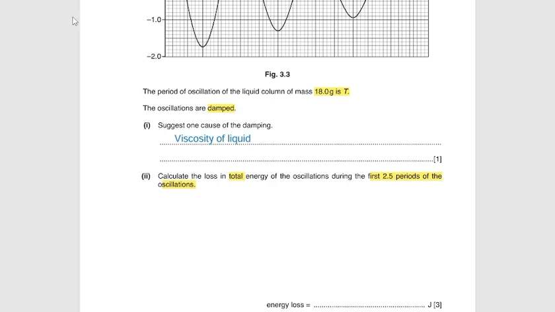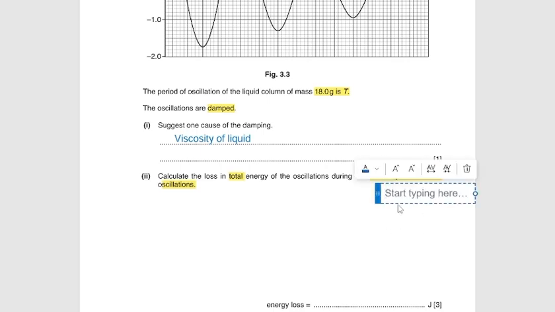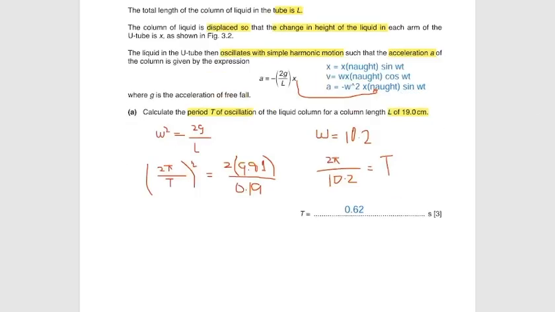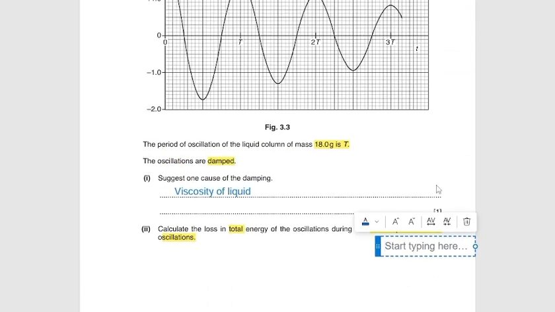Again, when it comes to energy, there are three main equations and formulas that you should know. One thing that's very important is, here I said that V is equal to omega x naught cos omega t. However, there is another, this is side information, but I believe this will prove to be very helpful in solving questions.